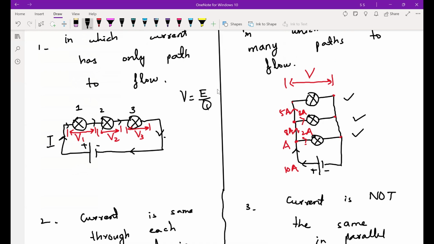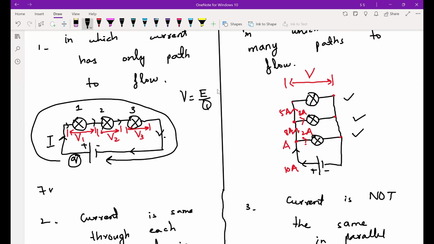See, let's say I have a charge here, and I want to move it all the way from here to here. If I want it to move like that, I have to give it energy, right? So the energy that I give to this charge is called voltage. If you have a 7 volts battery, it would give 7 joules of energy to a 1 coulomb charge.